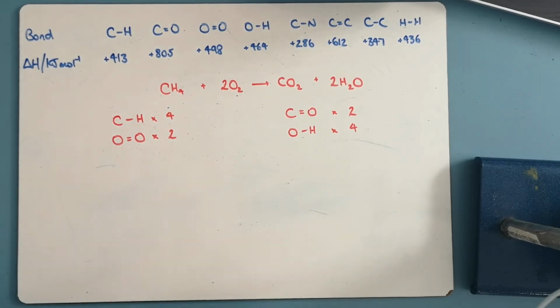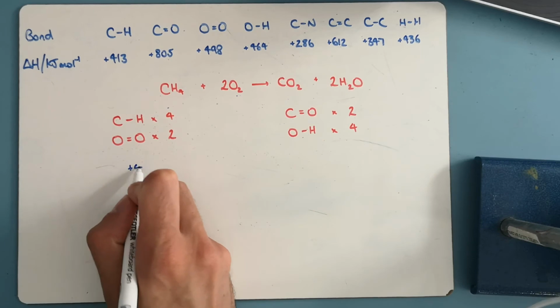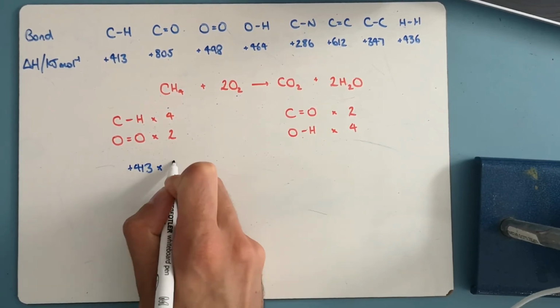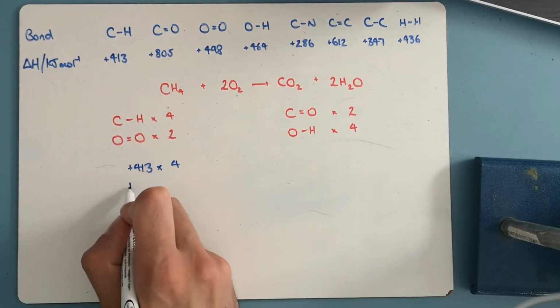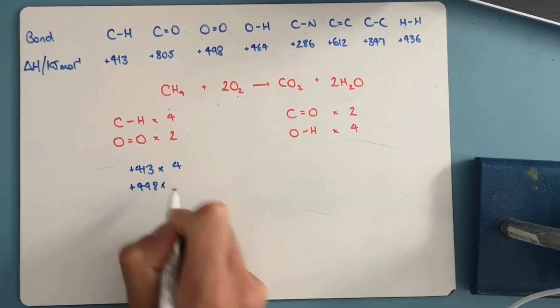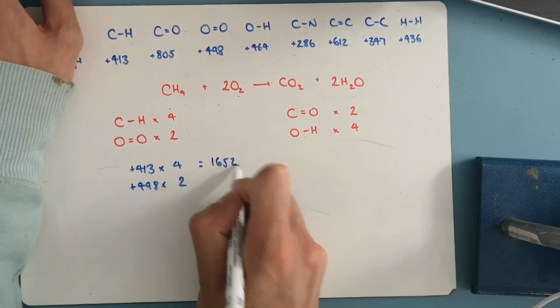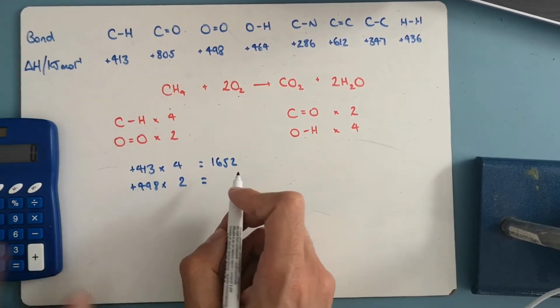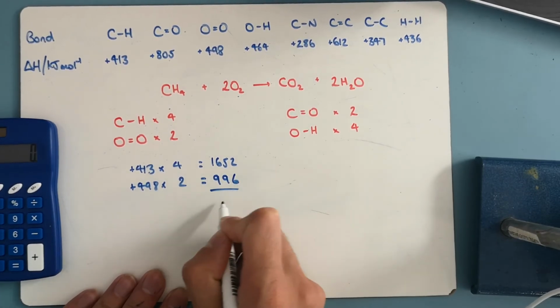And so what we do is we look at our C-Hs, and I see I've got 413, so I'm going to times that by 4, and I've got 2 double O's, and that's 498 times 2. So 1652, 996.